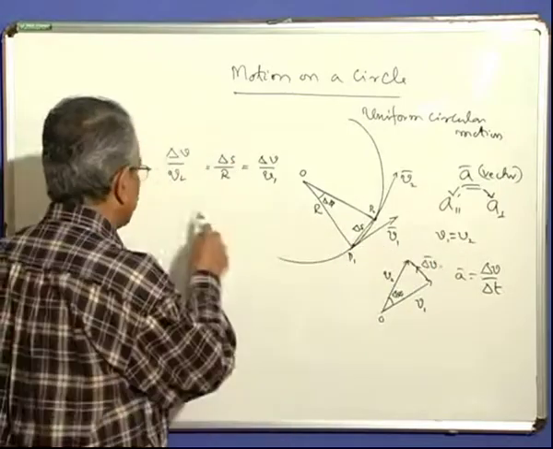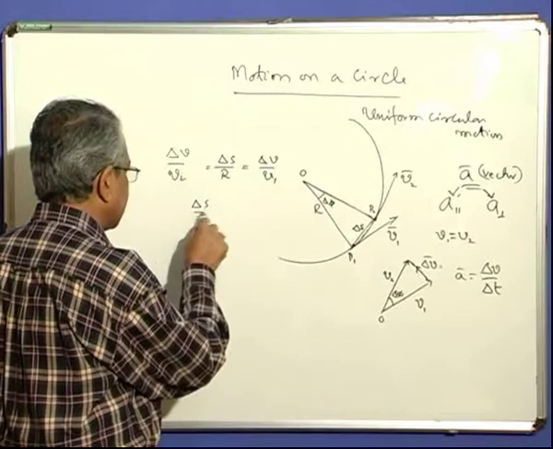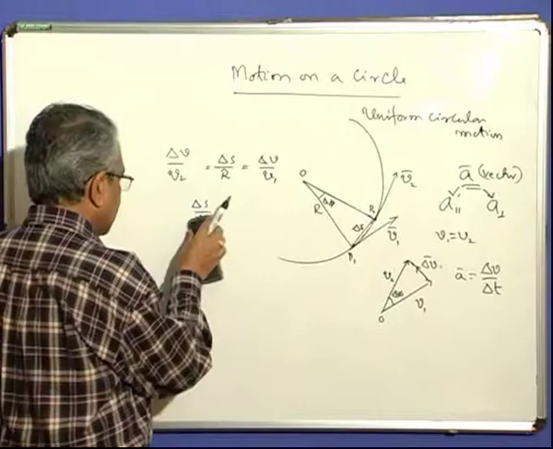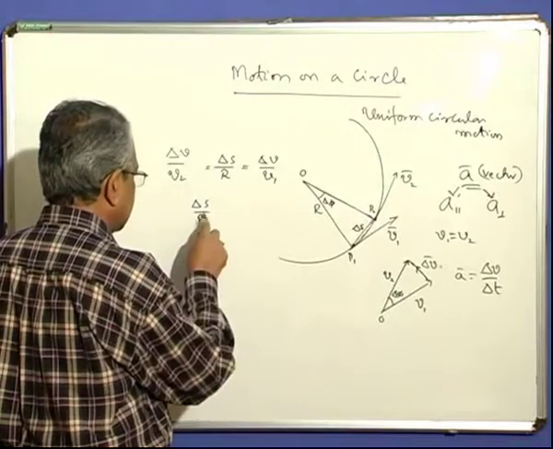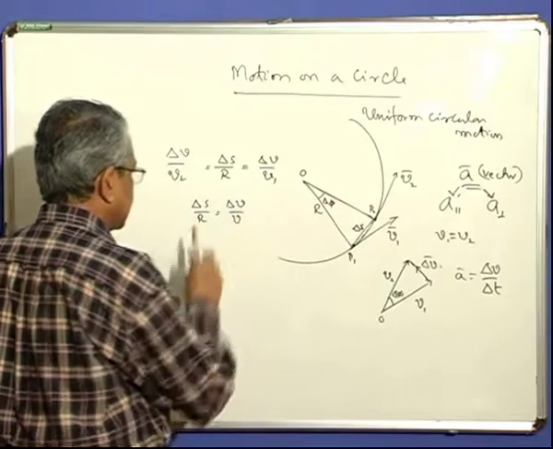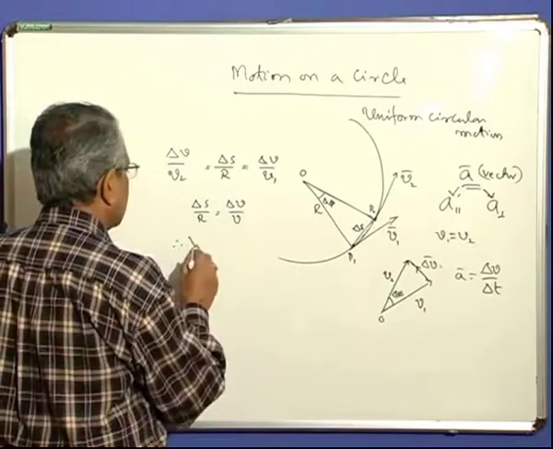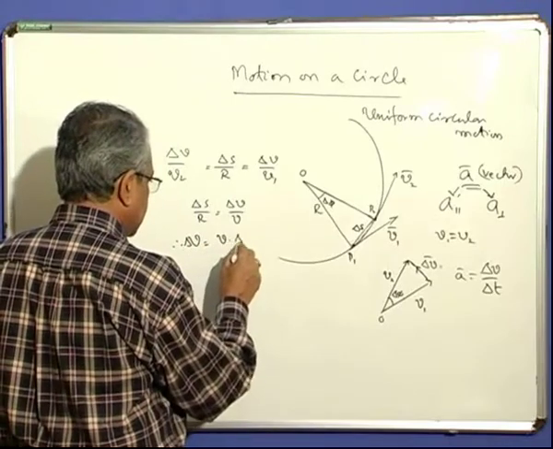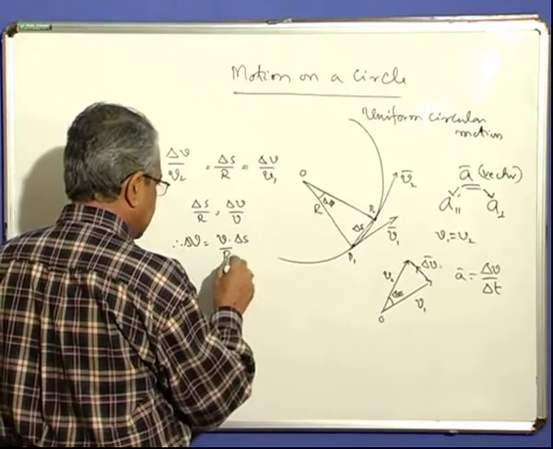So to put it very simply, delta S by R is equal to delta V by V. Therefore, delta V is equal to V into delta S by R.